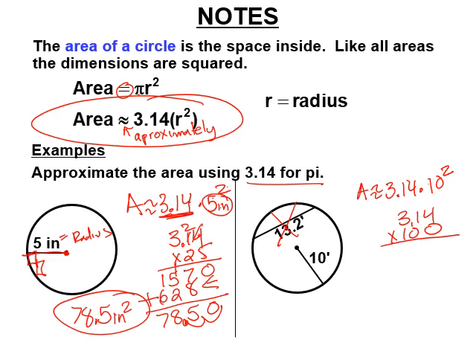When you multiply by 10, you move the decimal once. You multiply by 100, you move it twice. So the area here is approximately 314 square feet. You can't write that as your square feet with the mark. You write FT or the word feet. So its area is approximately 314 square feet. And now if you sit there and multiply that out, you'll get the same answer.